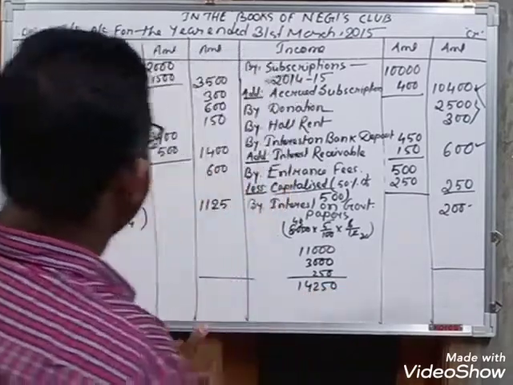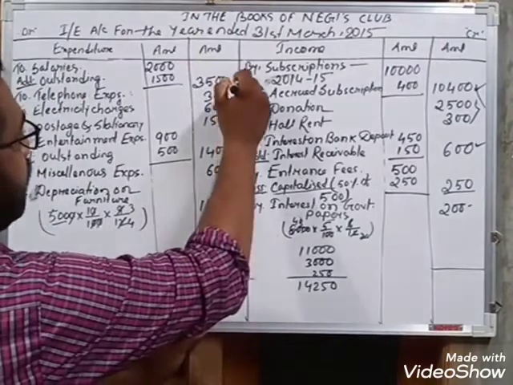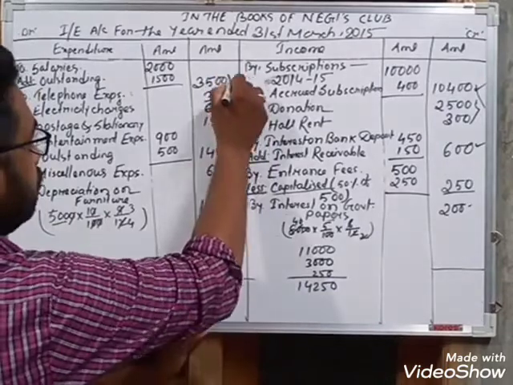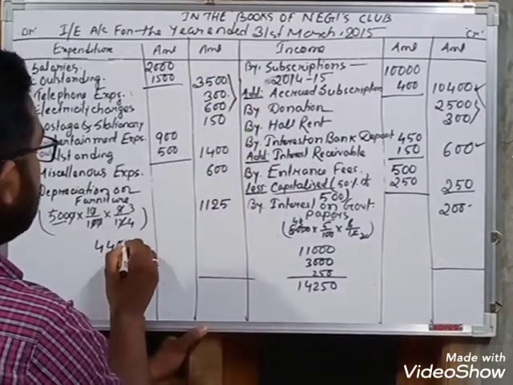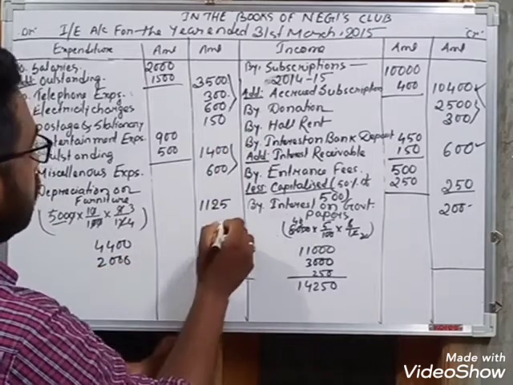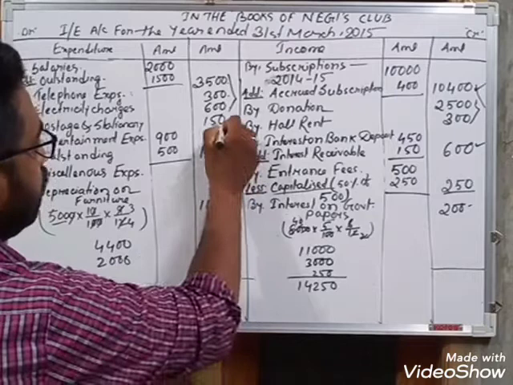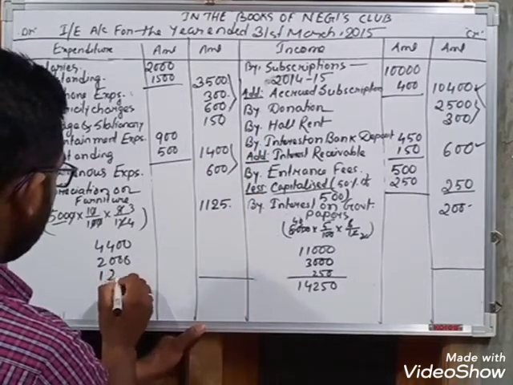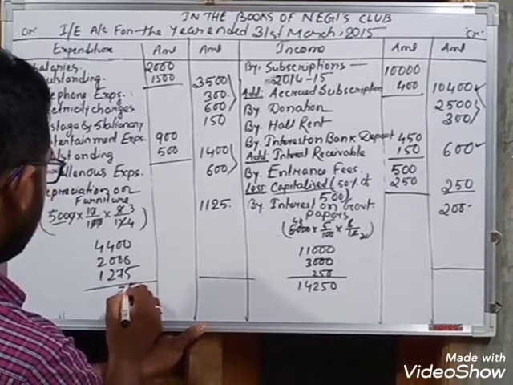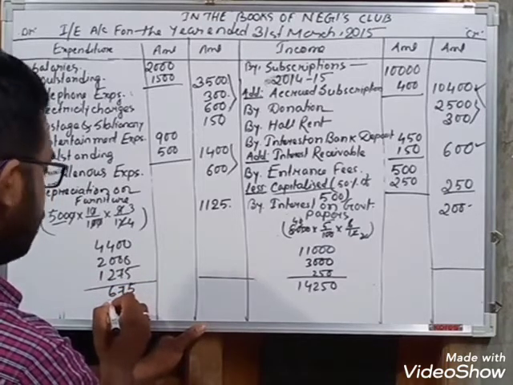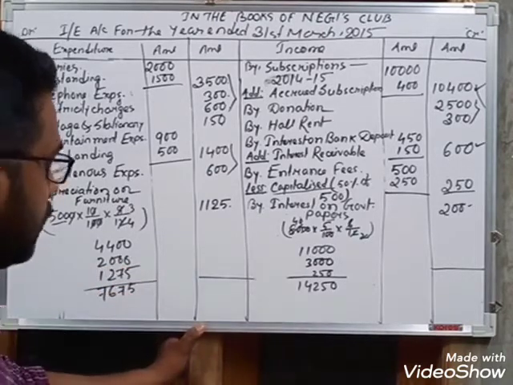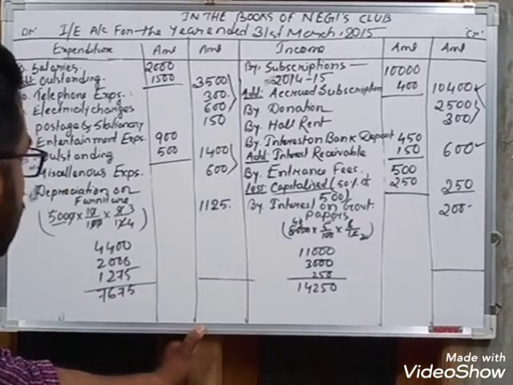14,250 is the income. So on the payment side, 3500, 3800, 4400. Total of these, 4400, 2000, 1125 plus 150, that is 1275, so expenditure is 7625.